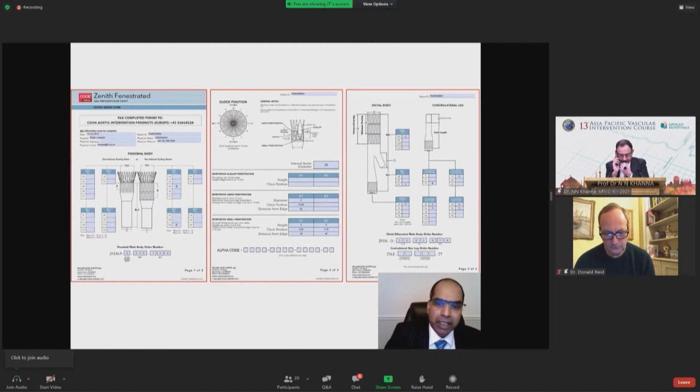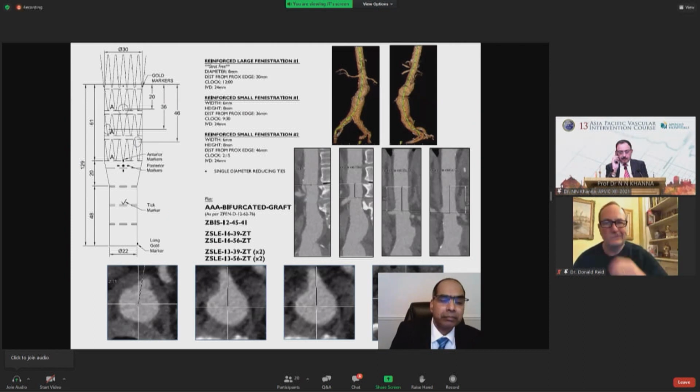So, like every other complex aortic aneurysm repair, planning the stent graft is of great importance. So you spend a long time planning the device and having a discussion with the Cook company who provides these, one of the companies providing these custom-made devices.